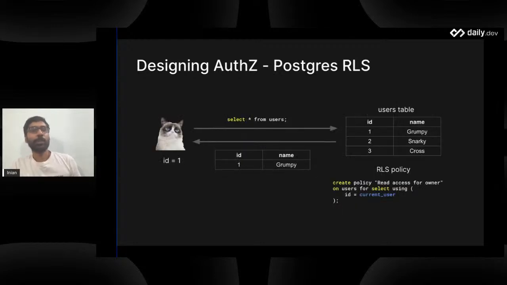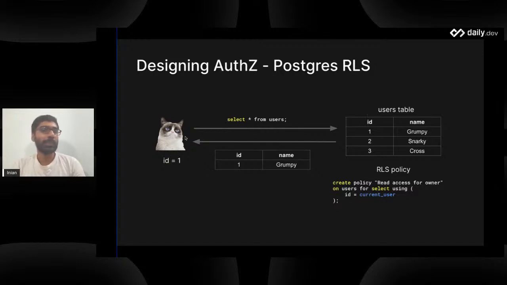The final missing piece in how we designed our system for authorization and storage is Postgres row level security. If you haven't used row level security before, it's a pretty cool system where you are able to define policies for your tables. For example, this row level security policy states that users should be able to select only if their own ID matches the ID of the user.